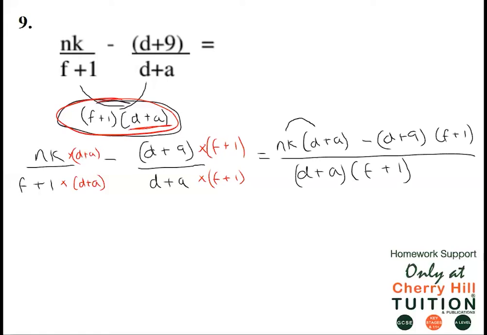So nk multiplied by d gives us nkd. Nk multiplied by a gives us nka. And then we have minus d multiplied by f, which is df. D multiplied by 1, which is d.